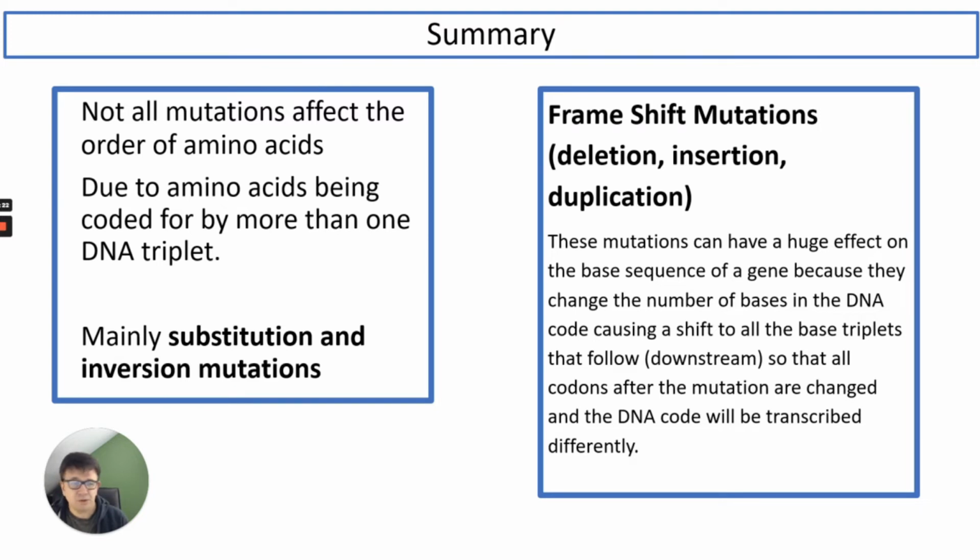These have a huge effect on the base sequence, change the number of bases in the DNA code, and cause a shift of all the base triplets so that all codons after the mutation are changed, and the DNA code will be transcribed differently, more than likely resulting in a non-functional protein.